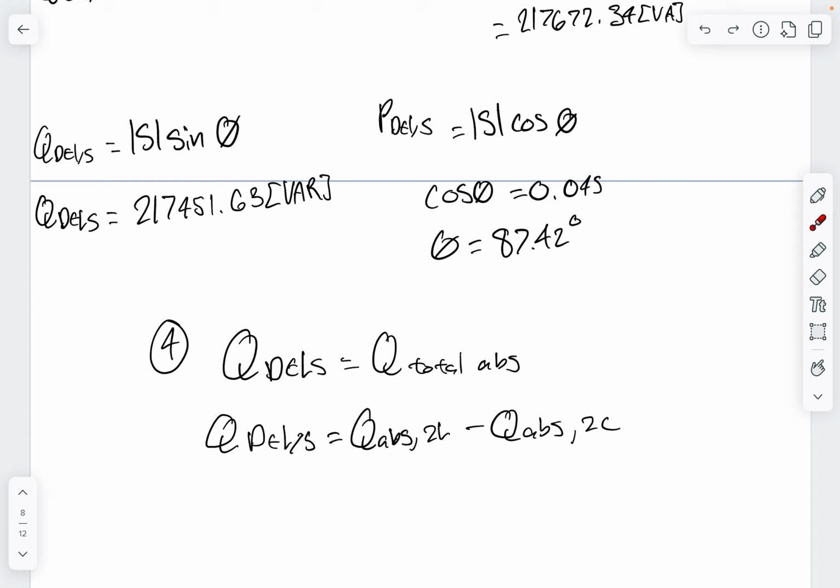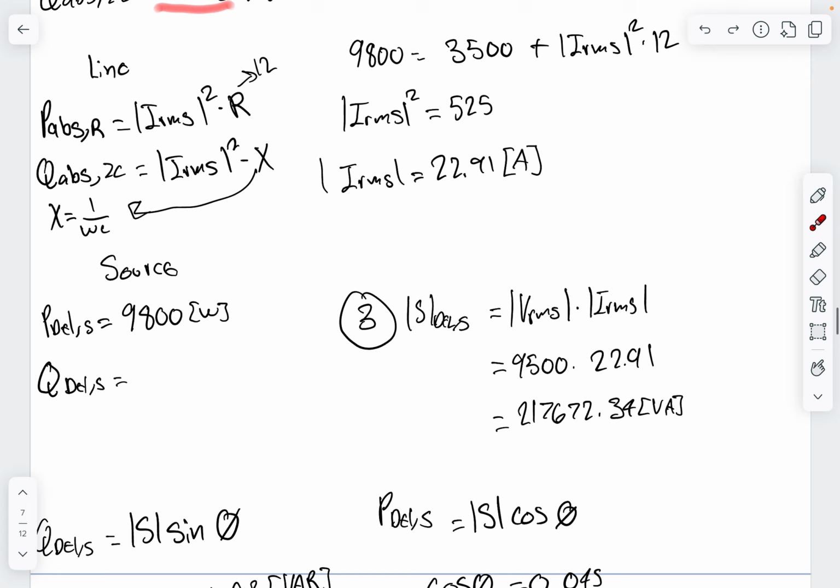Something to note is we already have this value and this value, and we're just going to subtract it. But we see from right here that that's 4,500, and the final value is way bigger than that. So obviously there's an error in there.